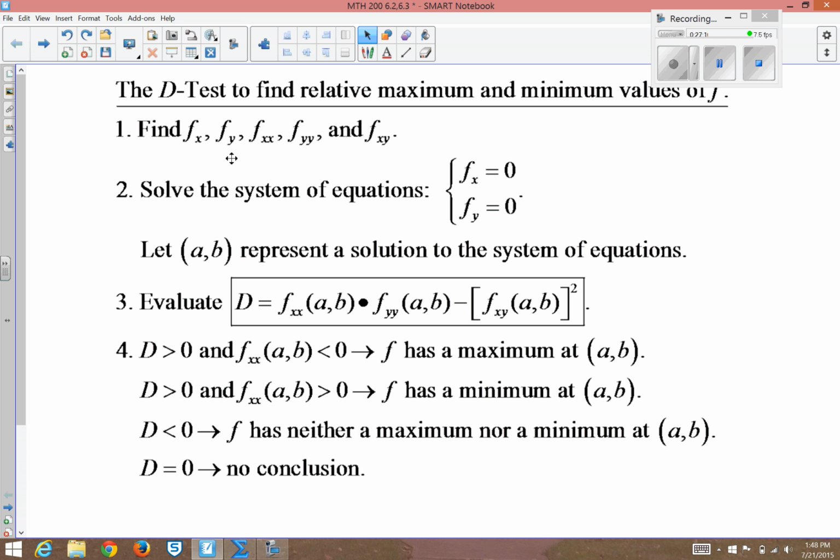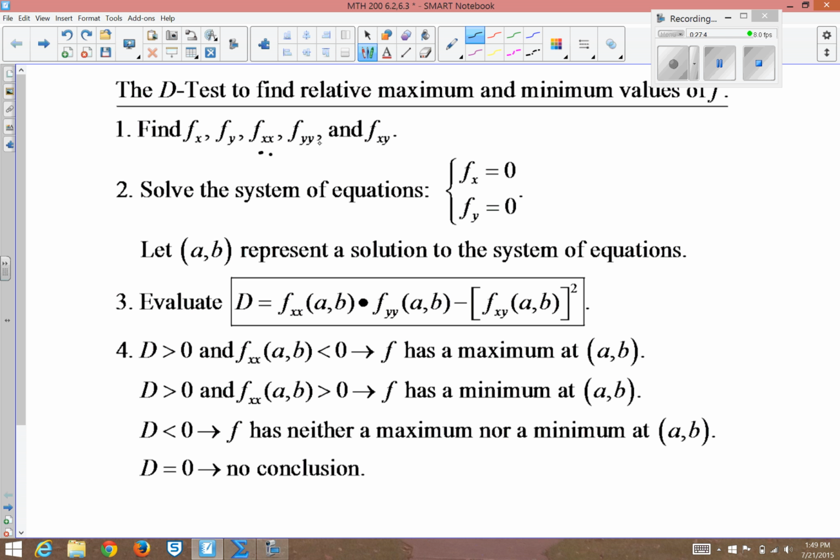First thing we do is find all of these partial derivatives. F subscript x, and so on. This means the partial derivative with respect to x, the partial derivative with respect to y, this f subscript xx means the second partial derivative, first with respect to x and then with respect to x again.